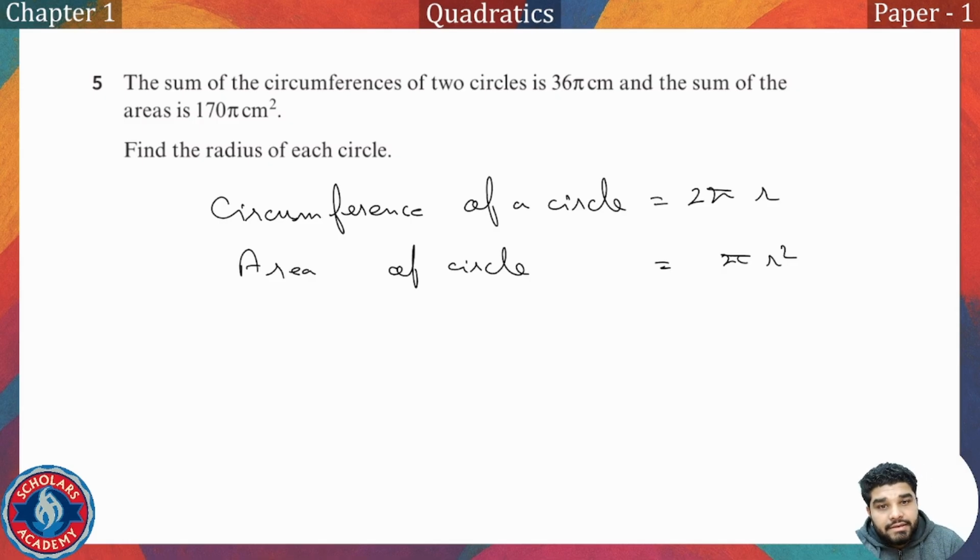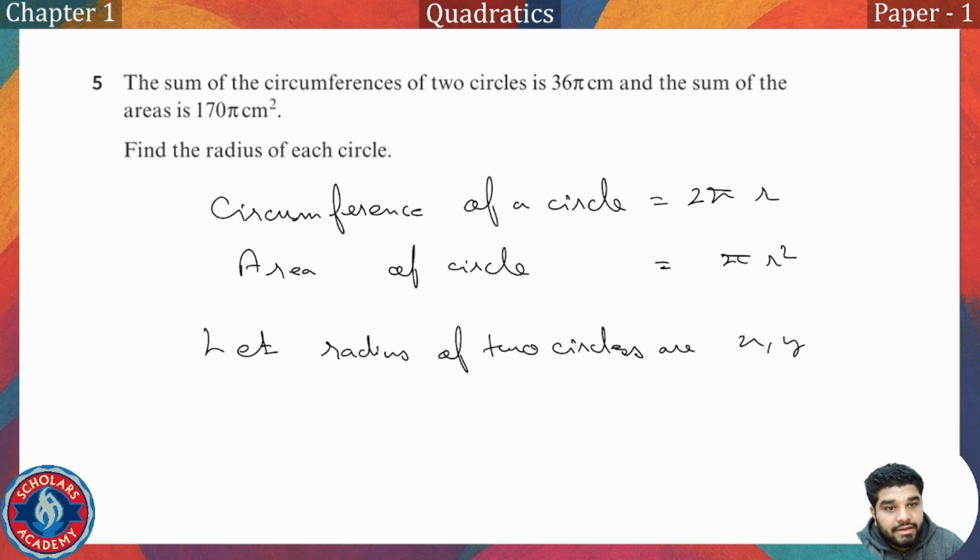So if I'm adding circumferences of two circles, first of all, I will take radius of two circles. So let the radii of two circles be x comma y.